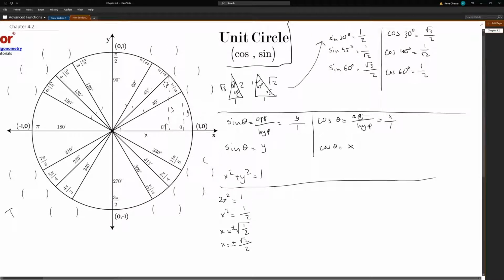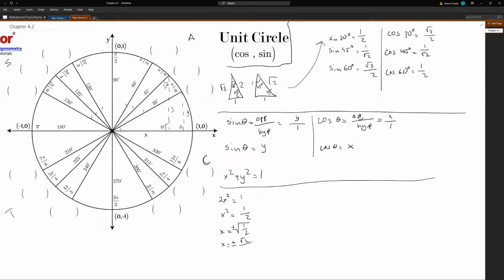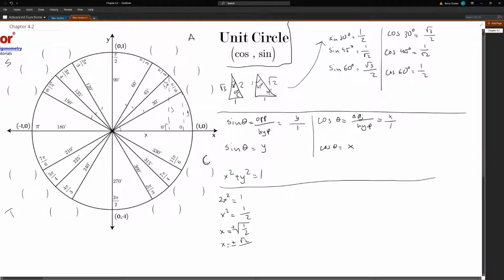First of all, we also need to apply the CAST rule. If you don't remember how it goes, it's not that difficult. Just remember that in your first quadrant everything will be positive, so the A is there, and then you can just spell CAST: C-A-S-T.